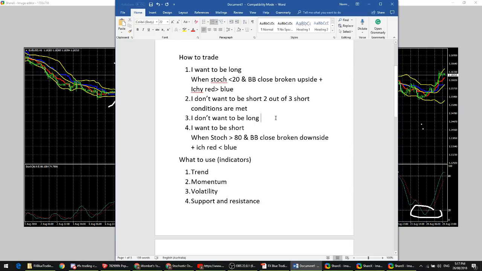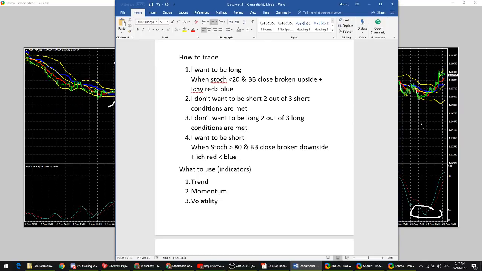And I don't want to be long when 2 out of 3 long conditions are met. So there are our rules.